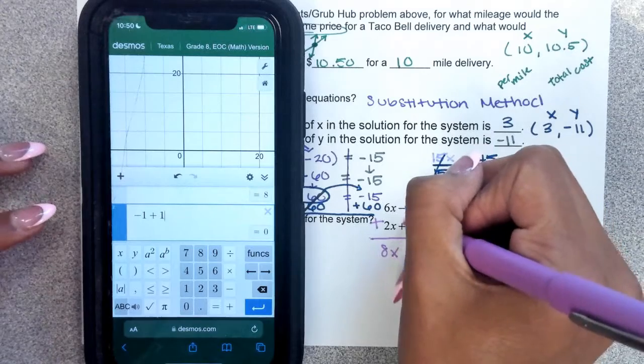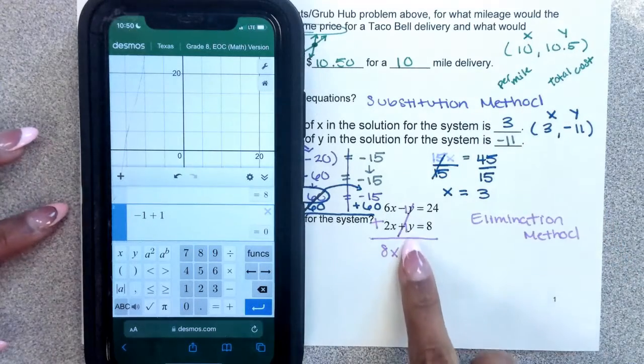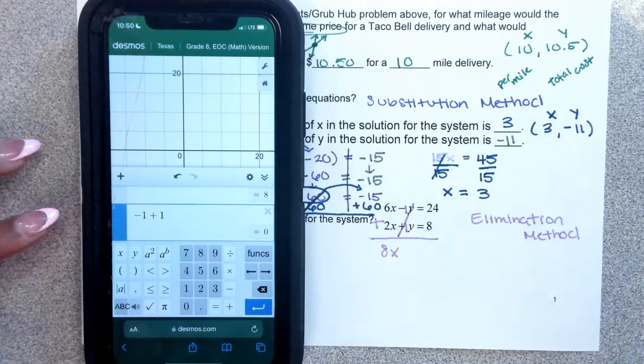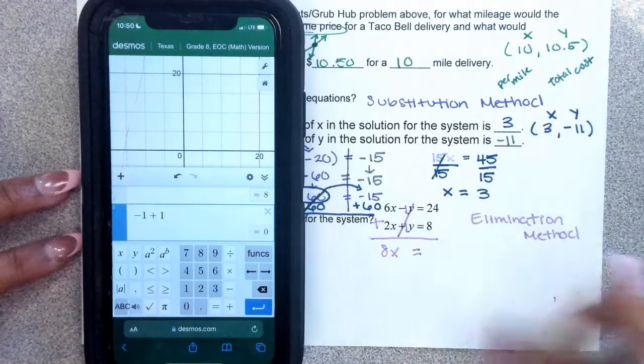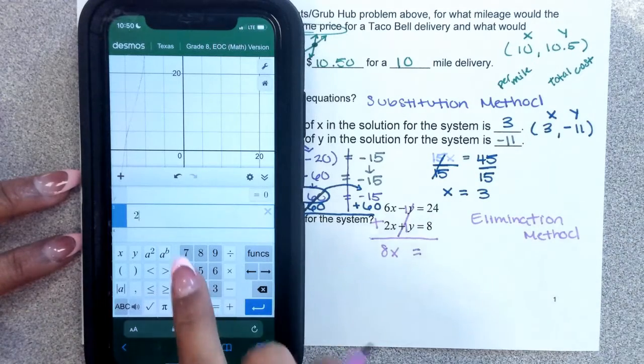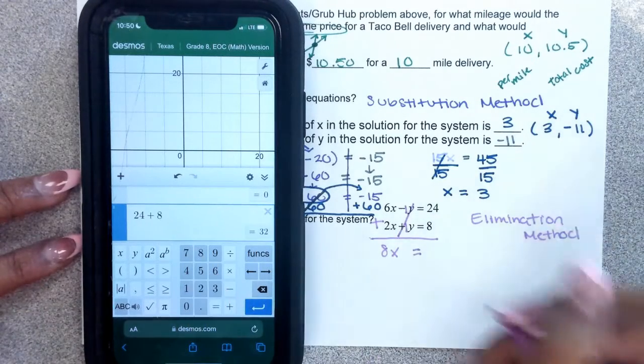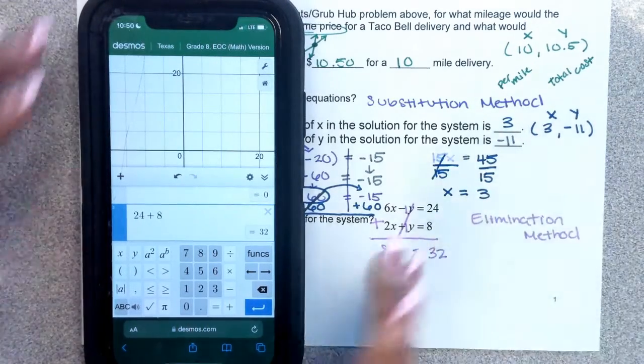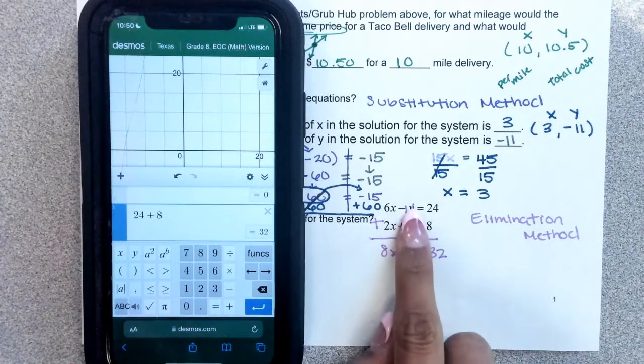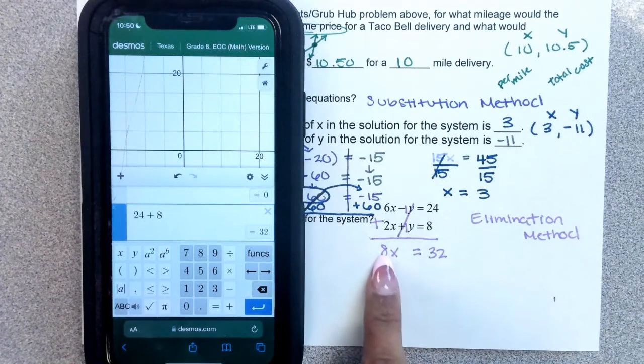This is elimination, when I eliminate them because they equal 0. Don't forget your equal sign. Now we're going to add 24 plus 8, which is 32. So as you can see, I eliminated y, which means now I'm just solving for x.